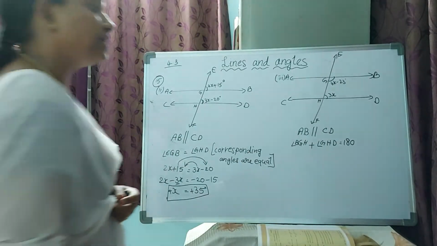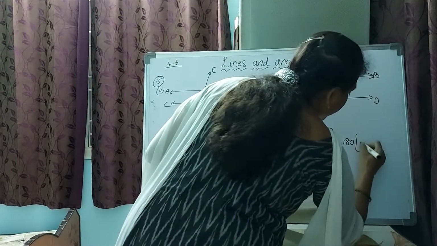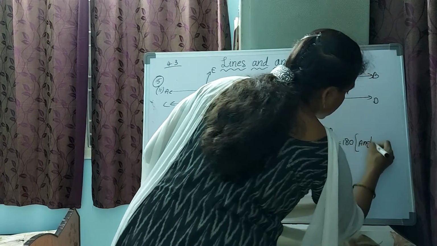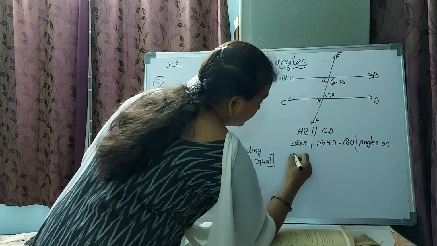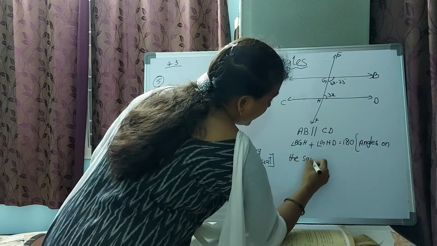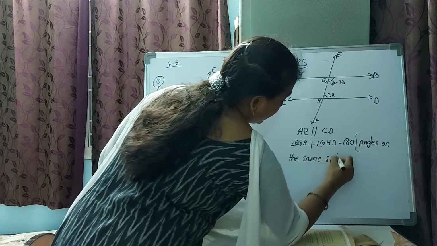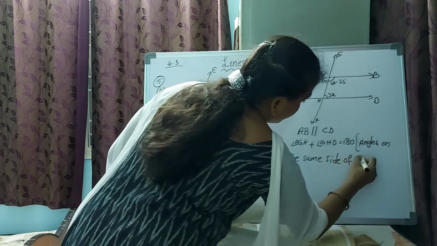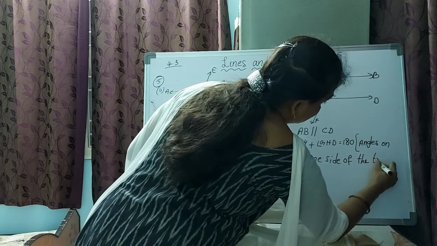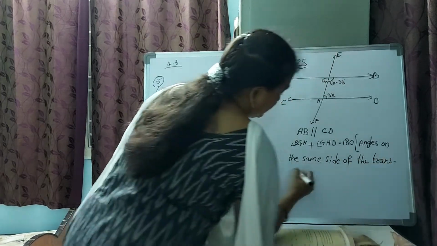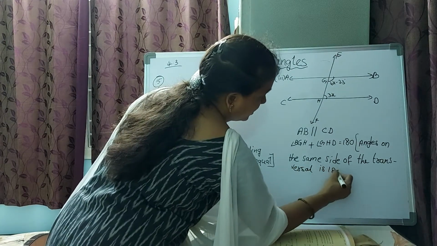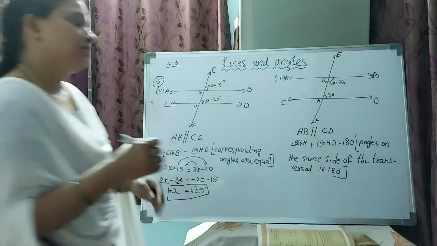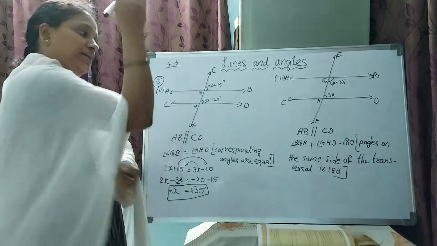Angles on the same side of the transversal add up to 180. This is the reason why we wrote 180 degrees.